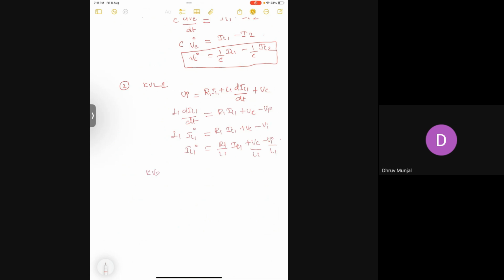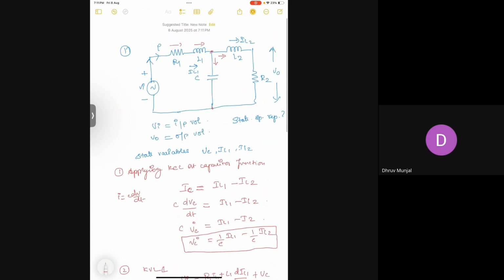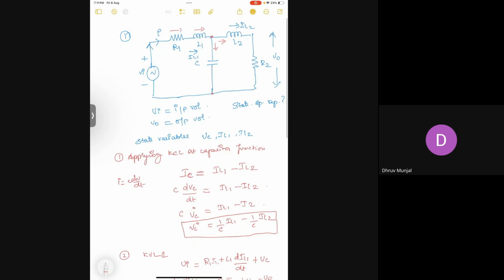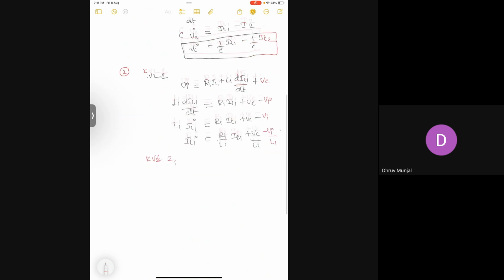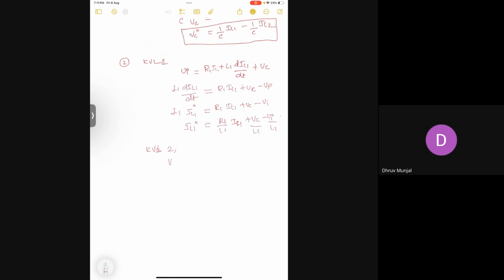Now writing KVL for the second loop, what I will get starts with Vc. It comes here, it will be Vc equal to L2 dIL2 by dt plus R2 IL2. Now I'm just going to do the same, but skipping the step.